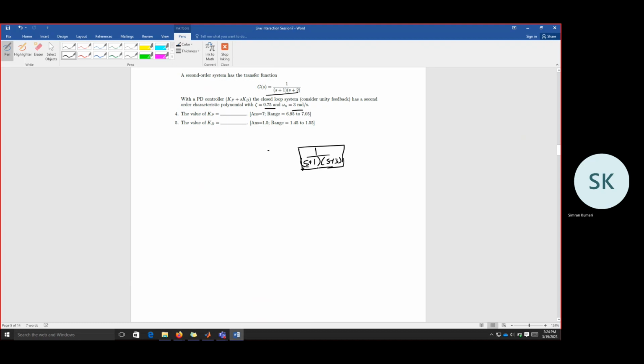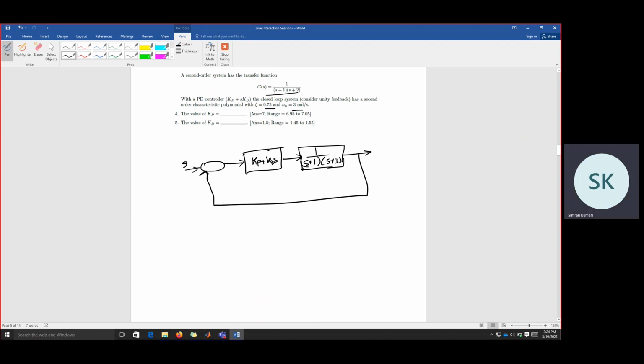Now we have a controller, which is a PD controller, Kp plus KdS. This is the reference, and this is Y.